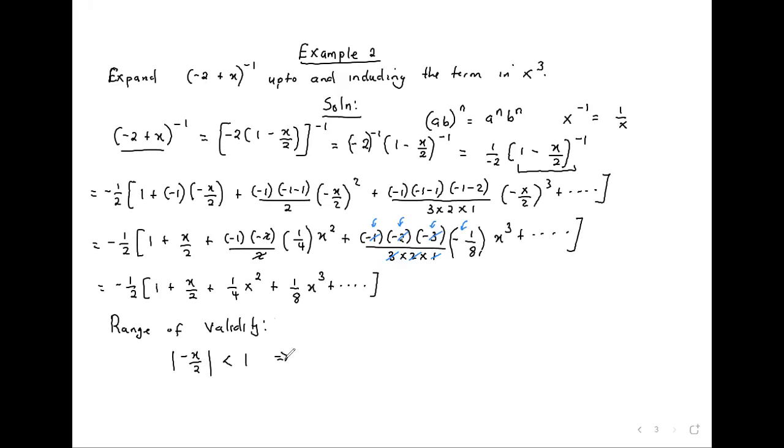But this is the same as -1 less than -x/2 less than 1. Multiply throughout by -2, you get +2 greater than x greater than -2. This can be written as -2 less than x less than 2.